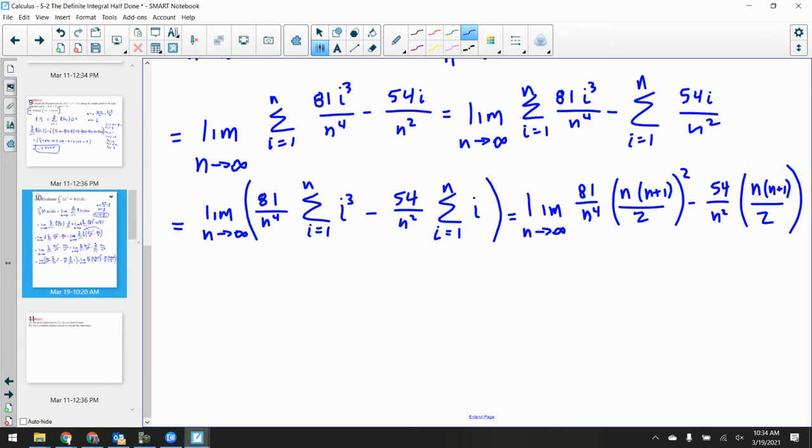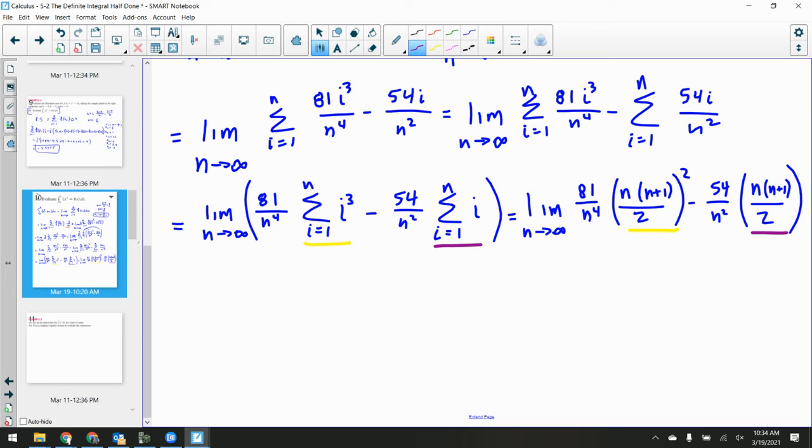All I did was replace this in here with this, and this right here with this. Because what's gone now is the summation notation.